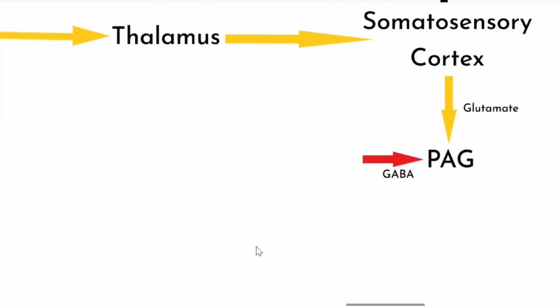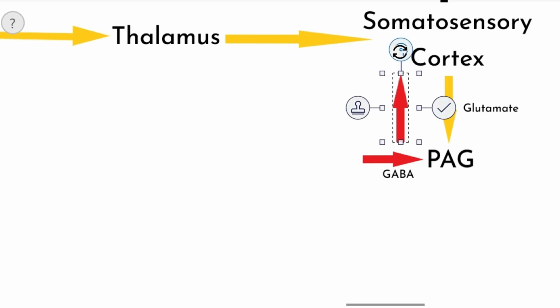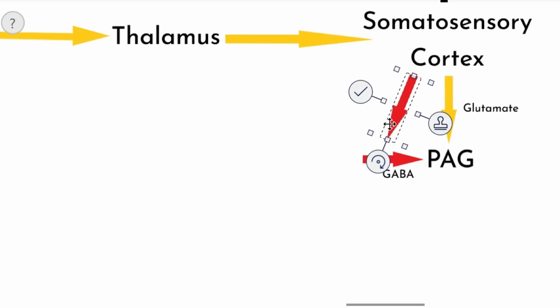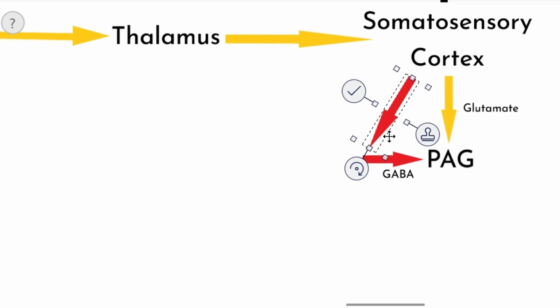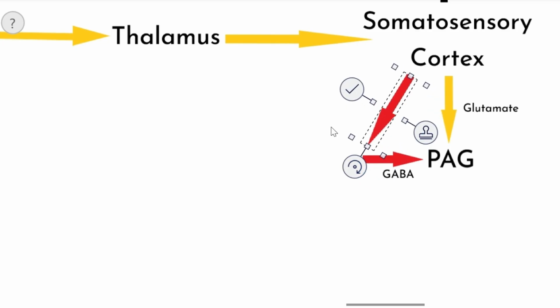And the real sneaky part about this little GABA neuron is that it's all being puppeteered by the same system. The somatosensory cortex is puppeteering this GABA neuron and is the one saying, let's keep it going. So at the end of the day, it's up to the somatosensory cortex to tell itself to stop inhibiting the PAG and start stimulating the PAG.